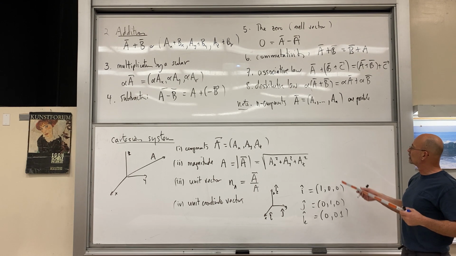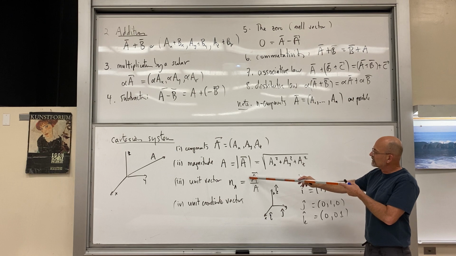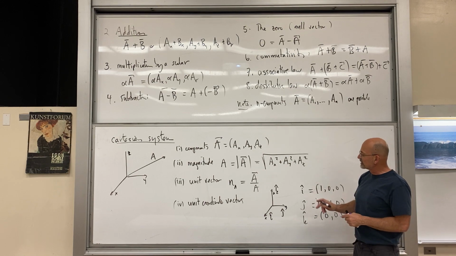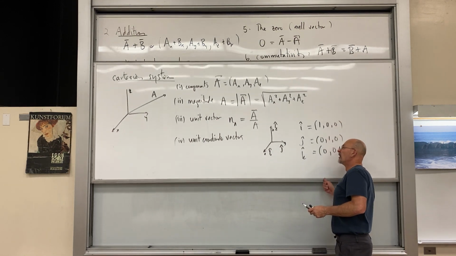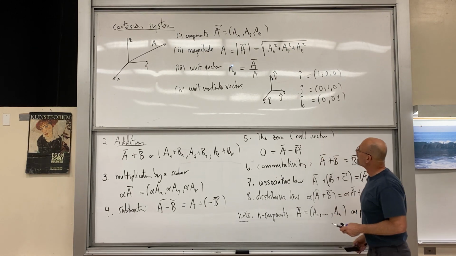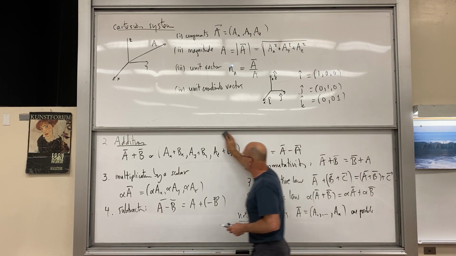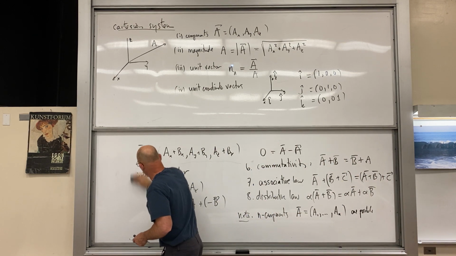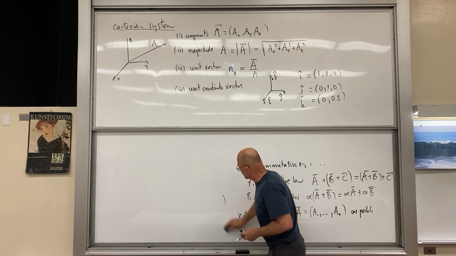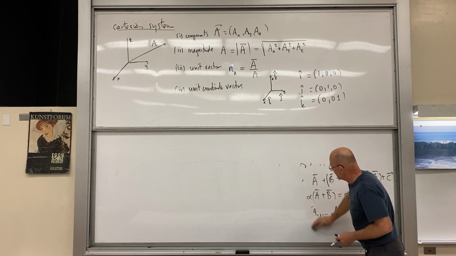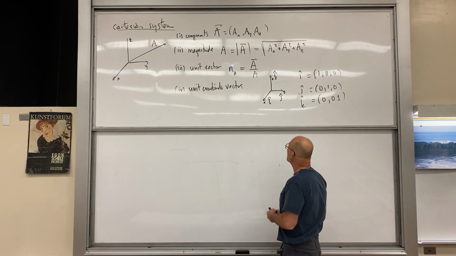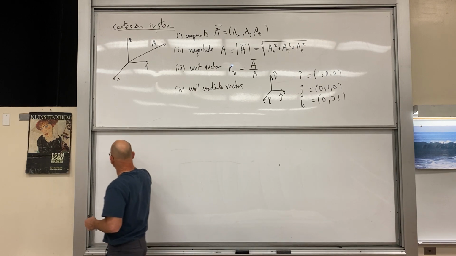Okay, so once we have the unit coordinate vectors, the definition of a unit vector, magnitude, and components, we can now write a vector in terms of those unit coordinate vectors. So let's go ahead and write here next.